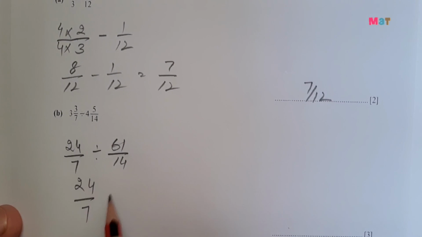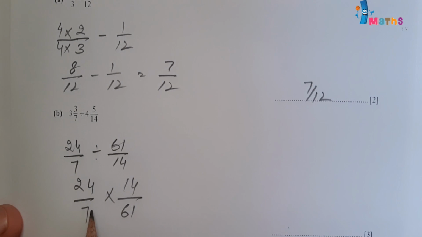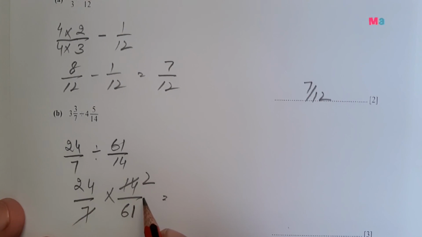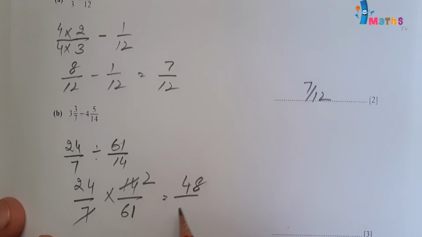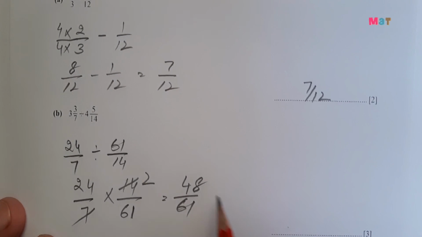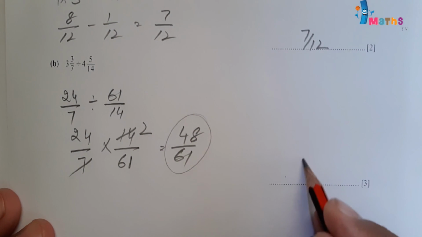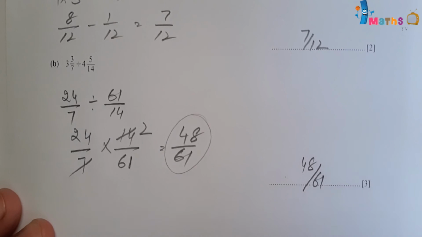So 24 over 7 multiplied by 14 over 61. Now we can cancel, 7 twos are 14. So it will be 24 times 2, which is 48, over 61. Further simplification is not possible, so our answer will be 48 over 61.